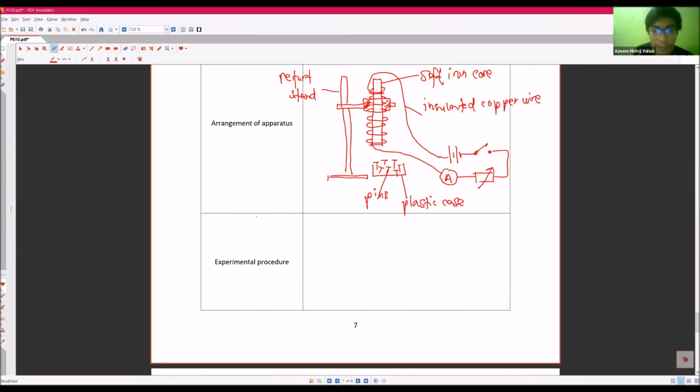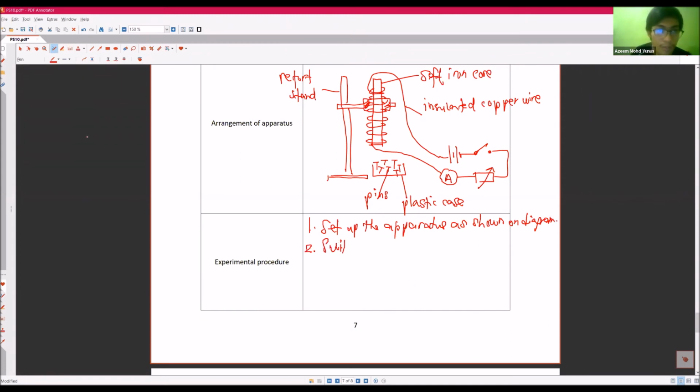Experimental procedure. Number 1, set up the apparatus as shown in the diagram. Number 2, the manipulated variable, we set the current.